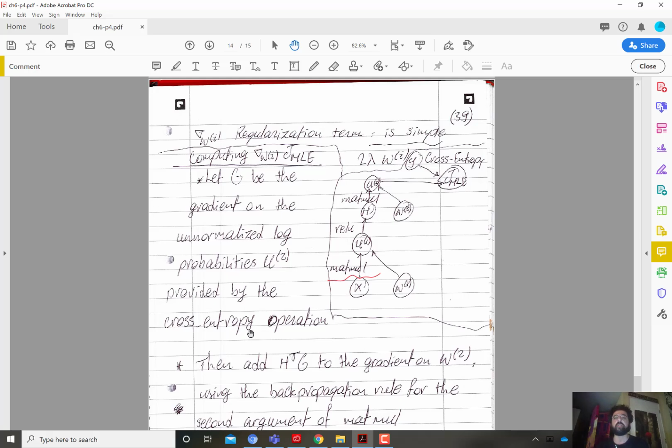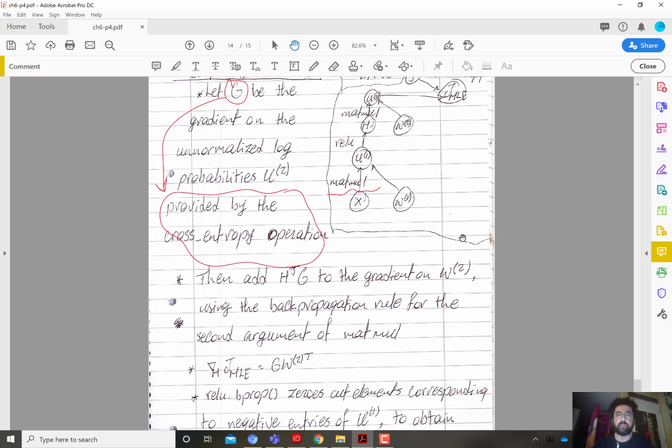This gradient is provided by this G here. It is provided by the cross entropy operation, meaning cross entropy is just another operation, like matrix multiplication and ReLU are operations. We get that gradient by backpropagating the cross entropy operation. And then we backpropagate this G.